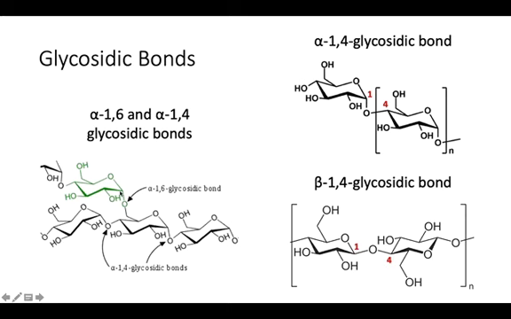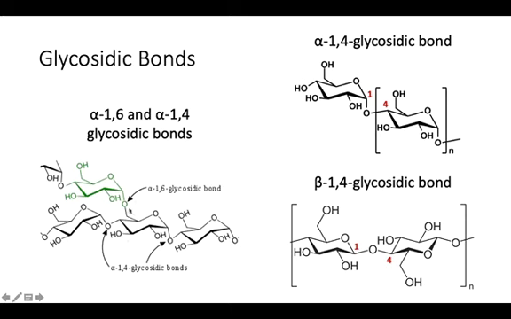Glycosidic bonds can also be between carbons other than 1 and 4. In glycogen, for example, you have alpha 1,6 and alpha 1,4 glycosidic bonds. So here on this carbon atom, this is carbon atom 1 of this sugar. It's pointing downwards, so this is an alpha bond, and it's connecting carbon atom 1 of this one to carbon atom 6 of this sugar.